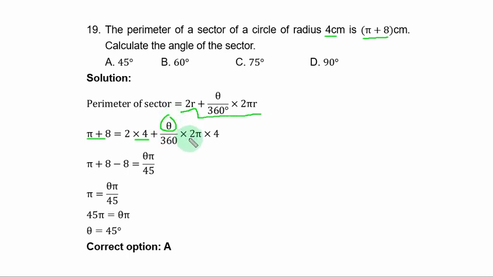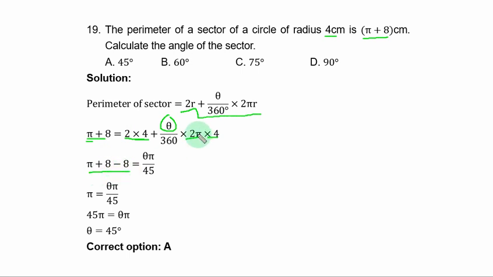Now you have 2 pi r, so you replace r with 4 since pi is there. Let us leave this pi first. If you simplify, 2 times 4 is 8. If you transfer 8 to the left, you have this result.